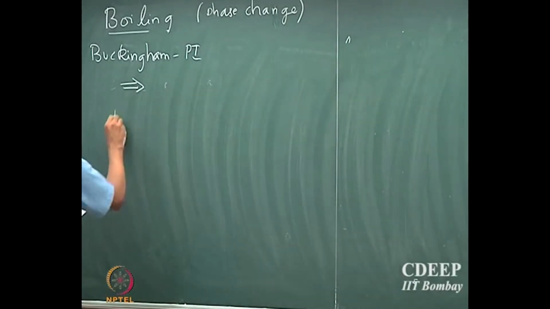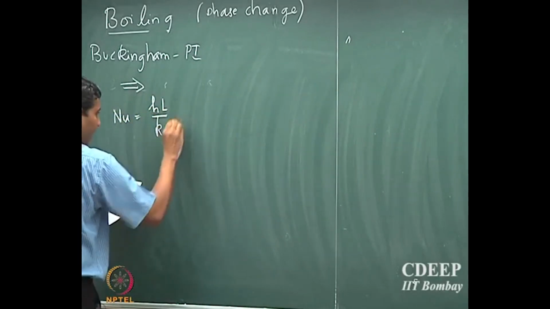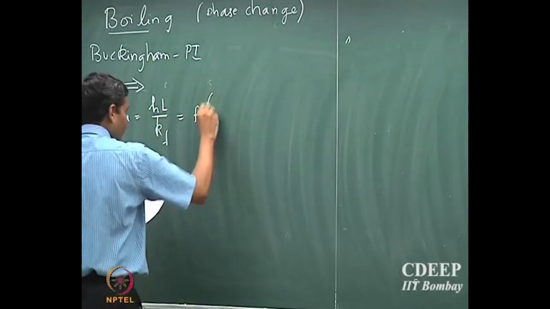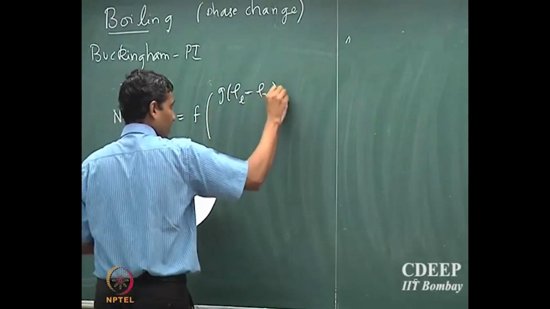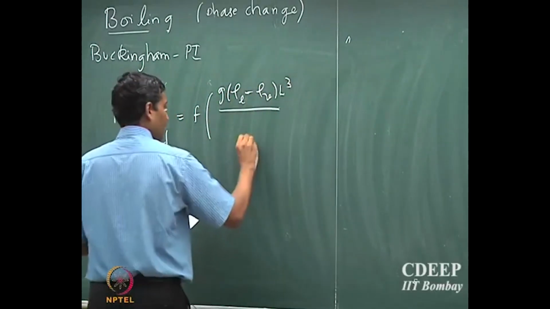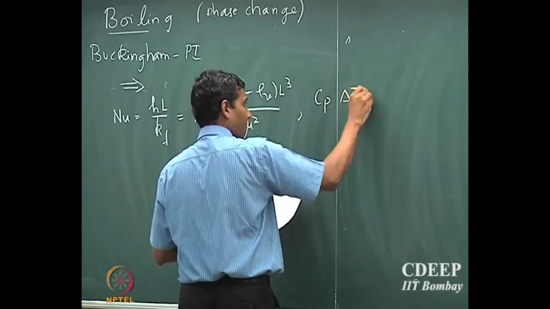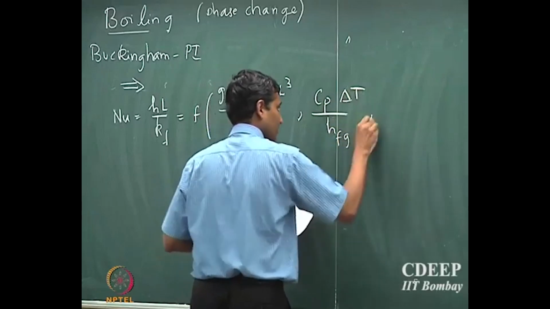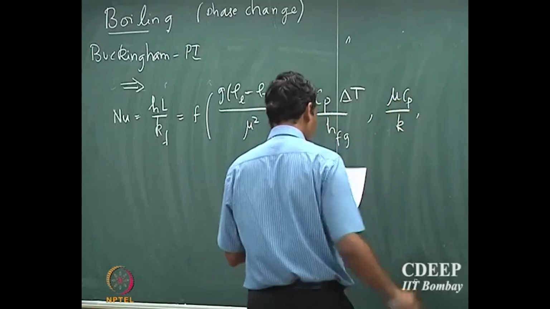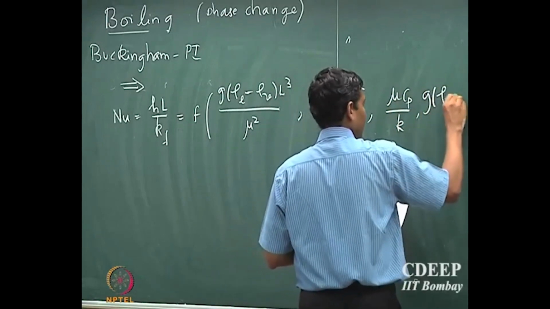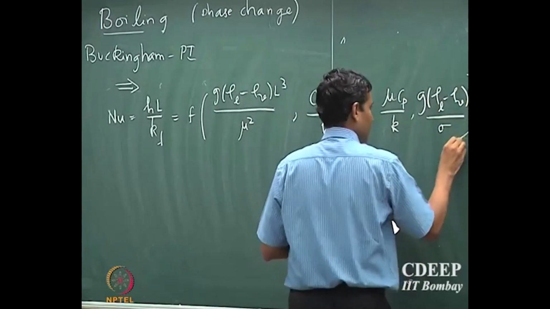So, that will be Nusselt number equal to hL by kf, and that will be a function of g rho l rho v L cubed by mu squared, Cp delta T by hfg, and mu Cp by k, which is Prandtl number, and g(rho l minus rho v) L squared by sigma.